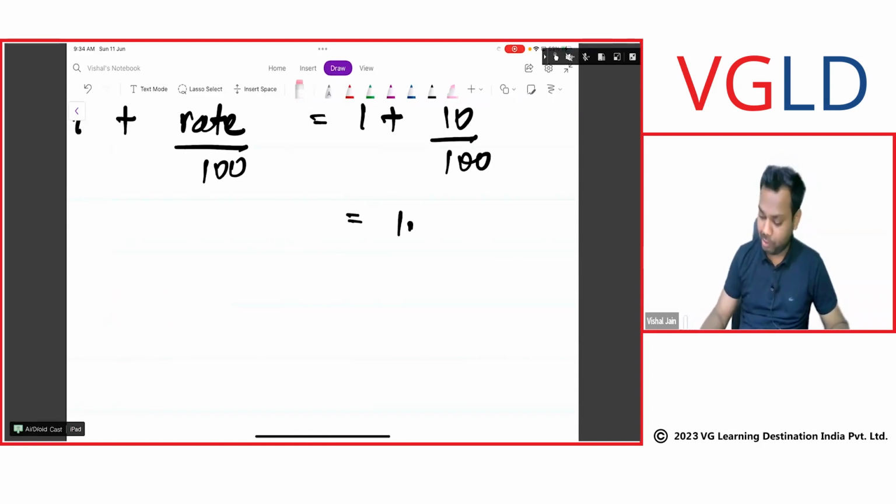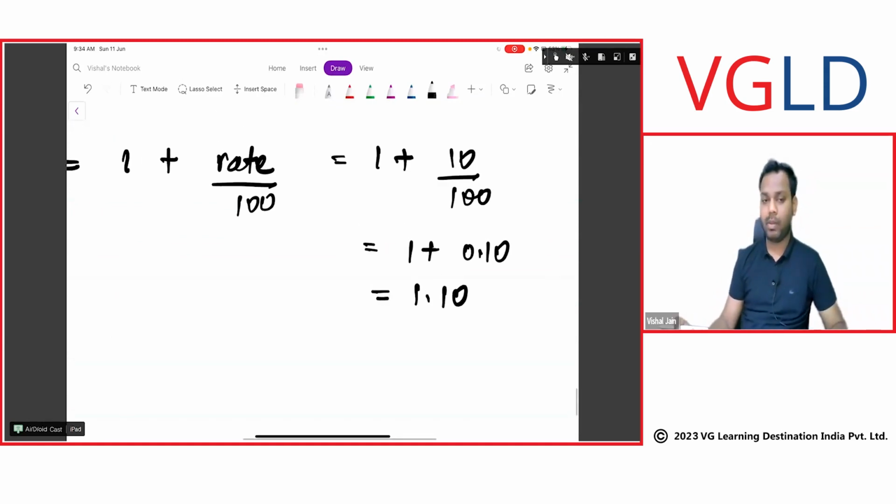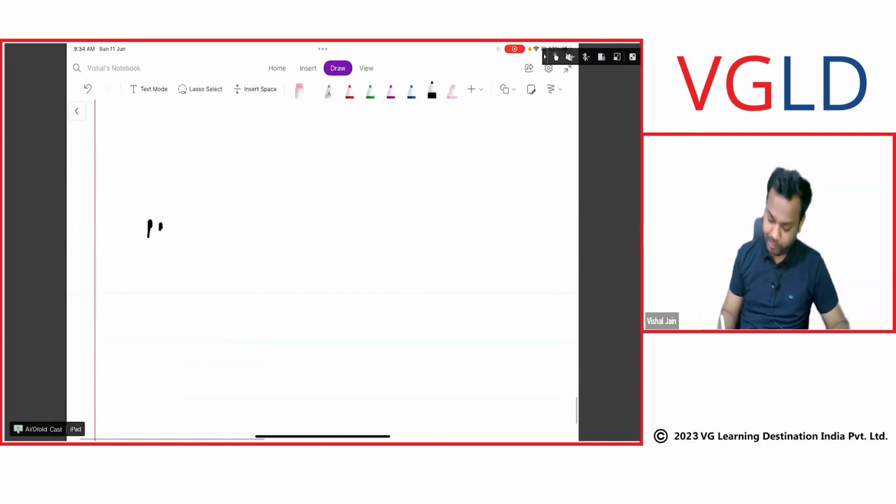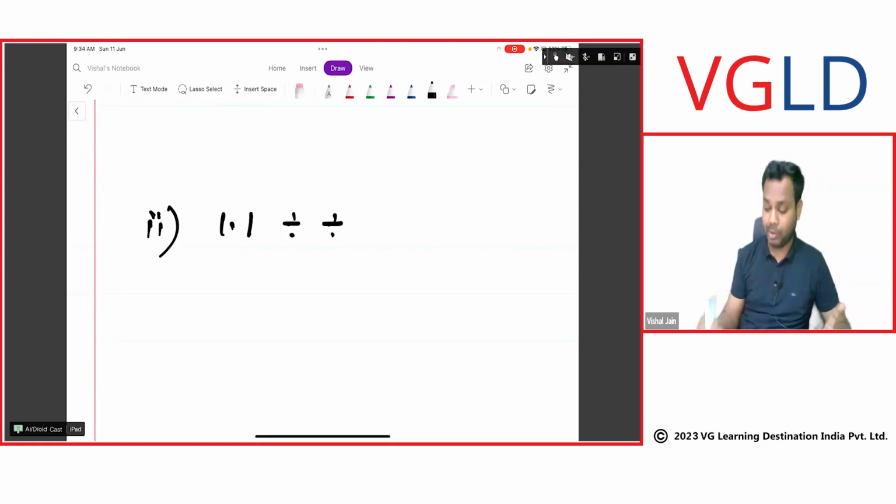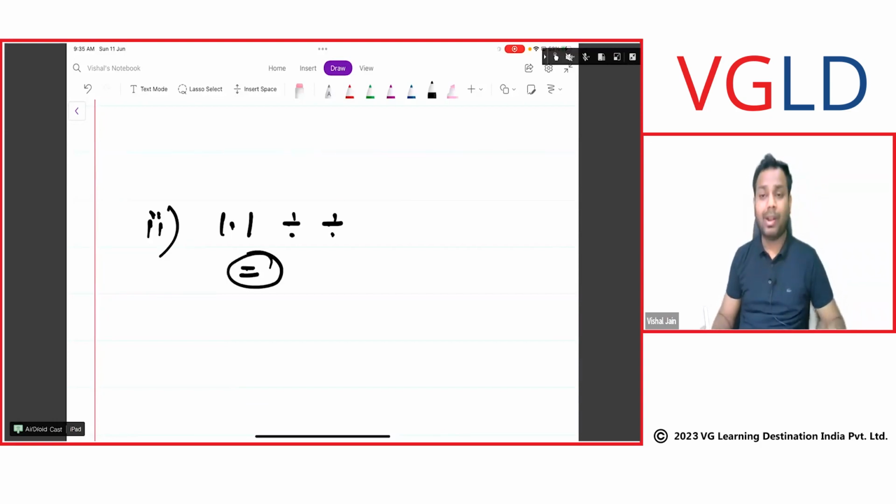10 by 100 is 0.10, so 1 plus 0.10 is equal to 1.10. Okay, 1.10 is the discount factor. Now in your calculator, write 1.1, then divide 2 times, and then press equals to n number of times.